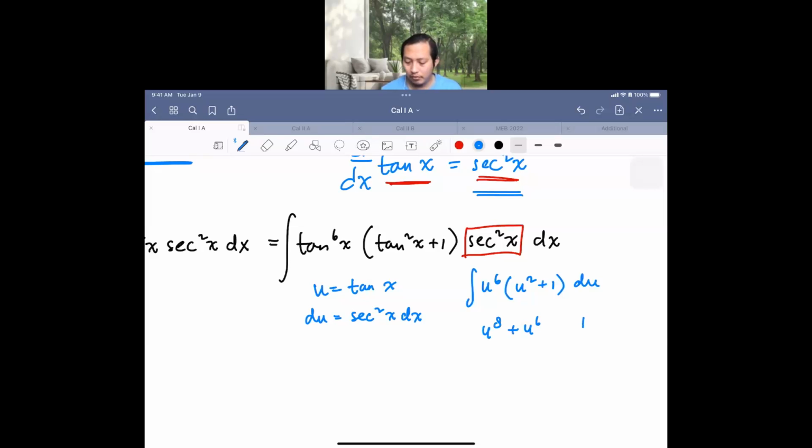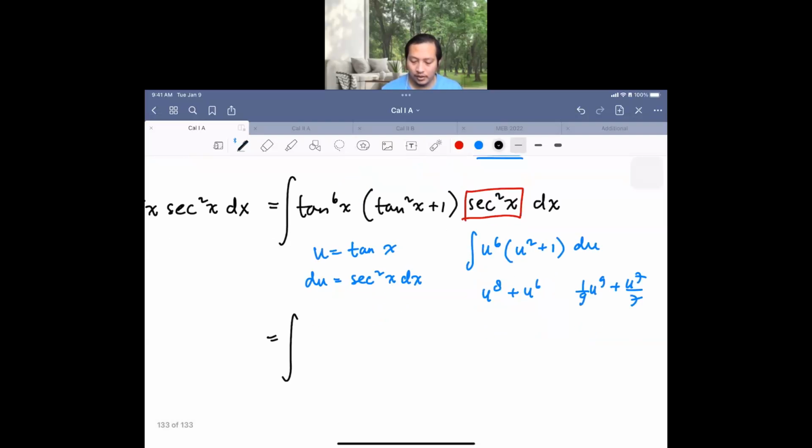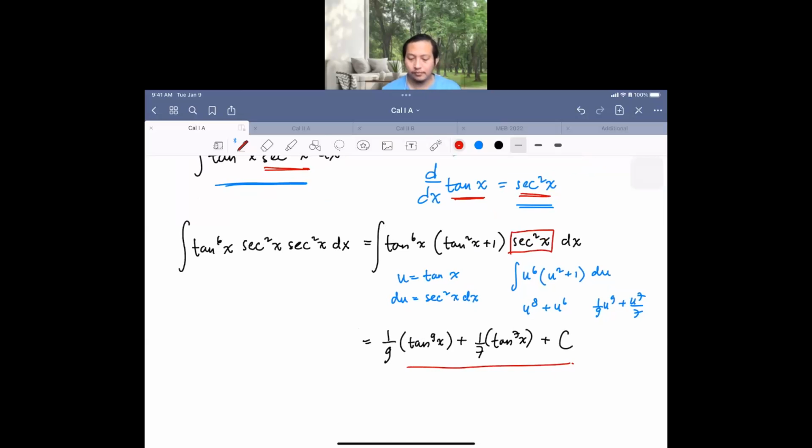So we will get 1 over 9 u^9 plus u^7 over 7. Or maybe directly we can write 1 over 9 tangent with power of 9x, plus 1 over 7 tangent with power of 7, and then plus c.